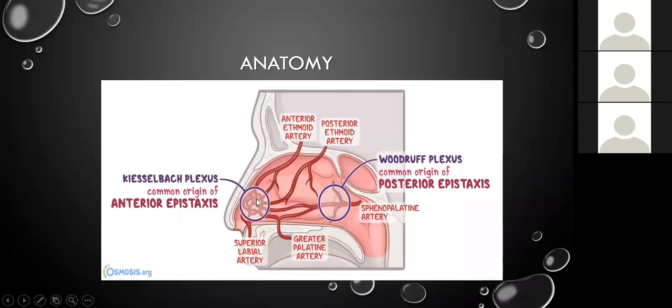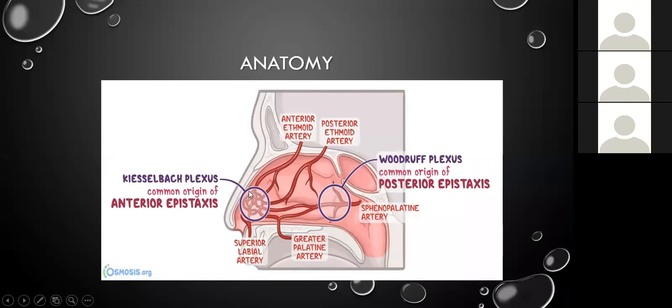So the anastomosis in the nasal cavity and in the septum, in this area, forms a plexus called Kiesselbach plexus, from the German otolaryngologist who described it. So you find that this area has two names.